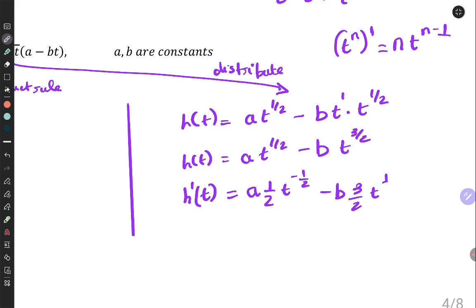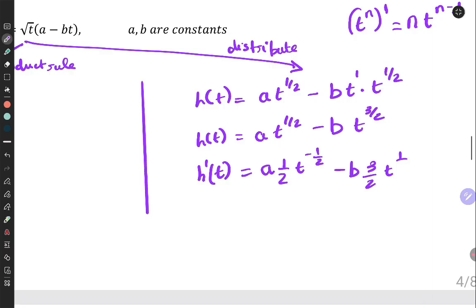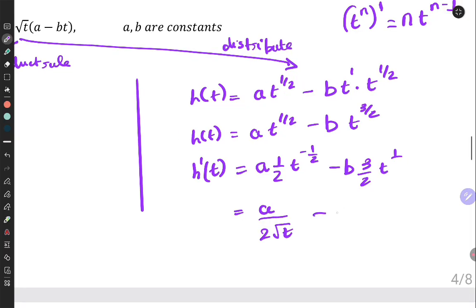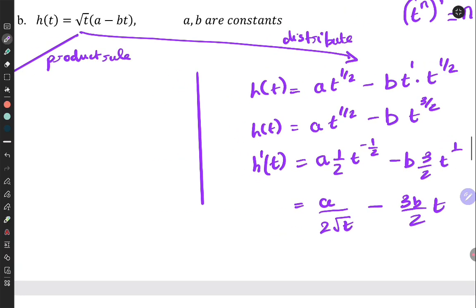Two over 2 is 1. Okay, that is the derivative. I'm going to clean that for you. Okay, so that would be the answer if you distribute.